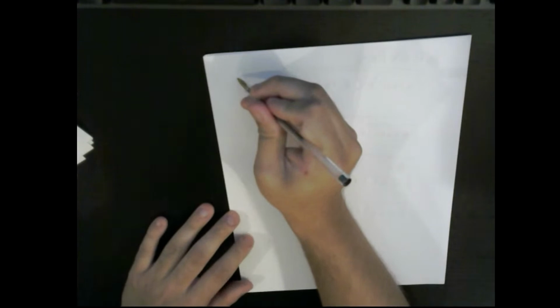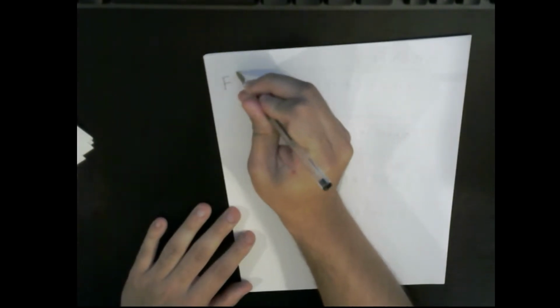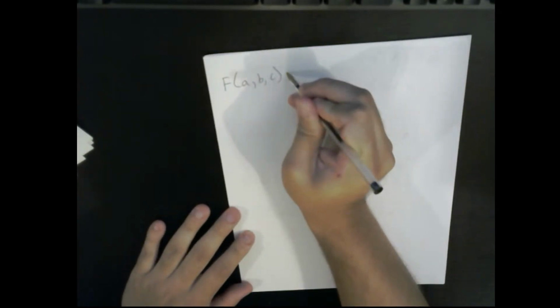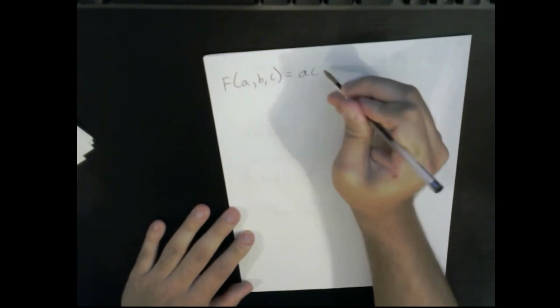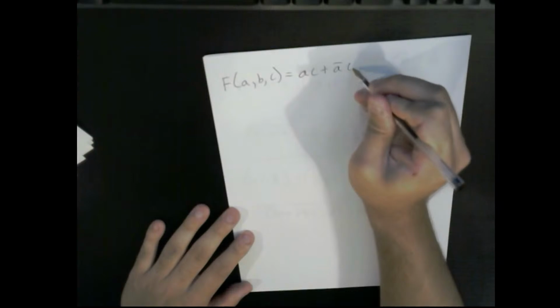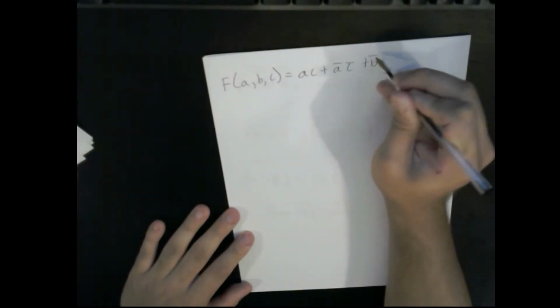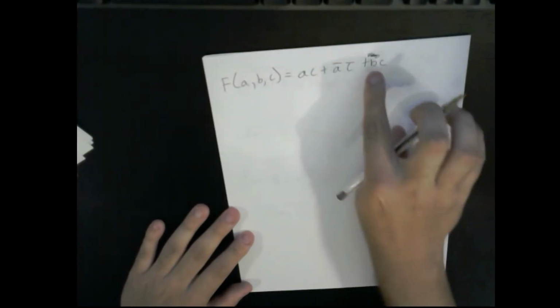I have the equation A, C, A, C, the same equation we had earlier, plus BC. And I want to convert this to only use NAND gates.